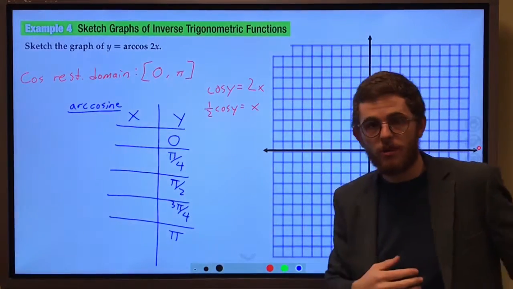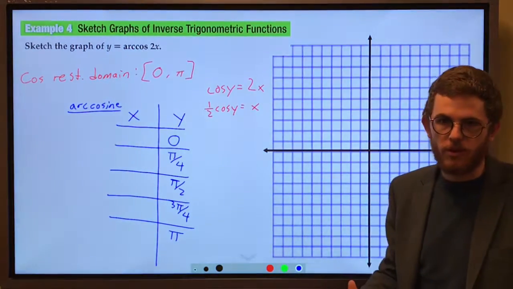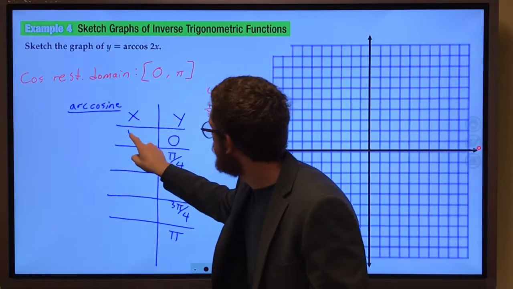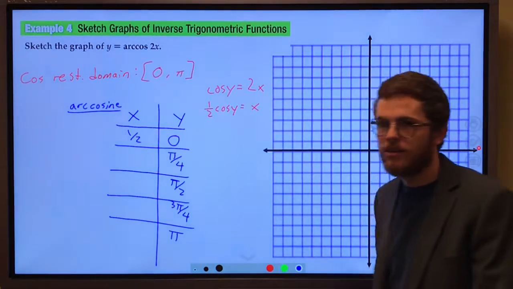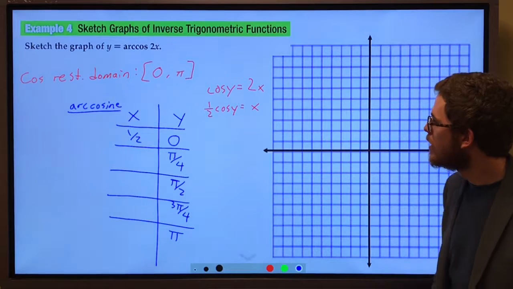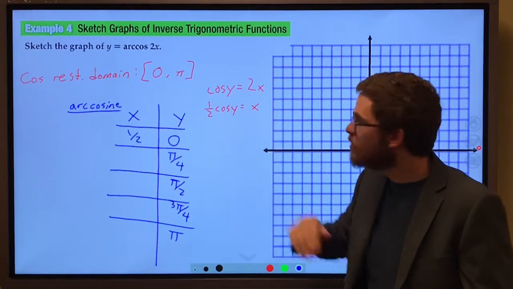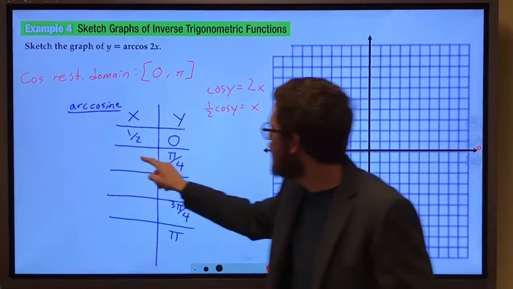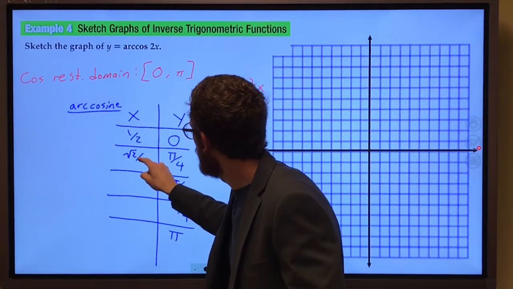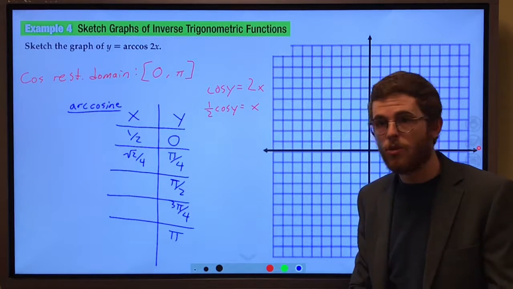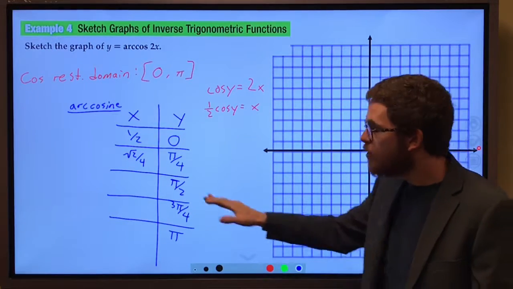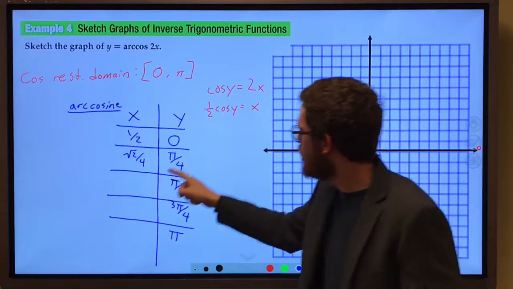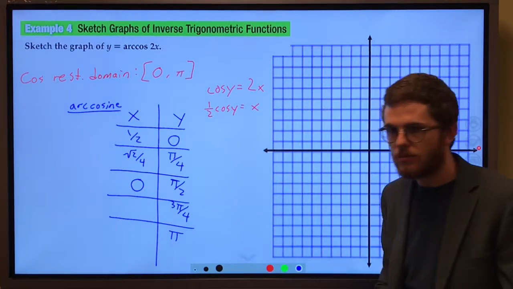So I'm going to place these values in for y, see what I get out for x. Cosine of 0 is 1. 1 times 1/2 gives us 1/2. Pi over 4, cosine of pi over 4 is root 2 over 2 times 1/2. That's now root 2 over 4. Cosine of pi over 2 is 0. 0 times 1/2 is still 0.